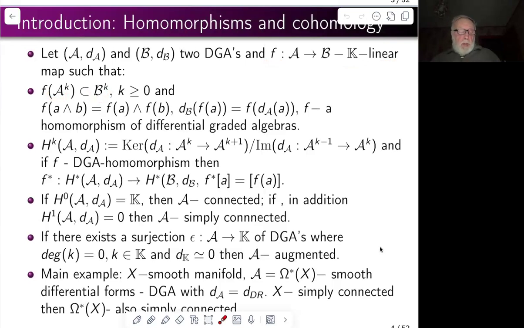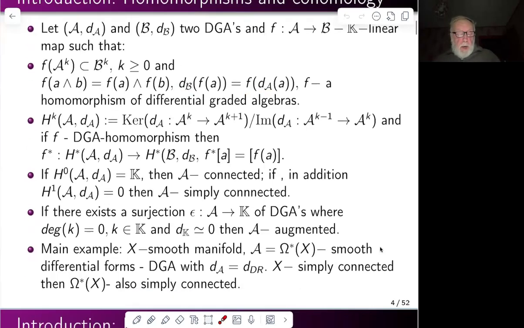And also this map preserves the wedge operation. So F of the multiplication A times B is the multiplication F of A times F of B. And also this map commutes with the differential in both algebras: d_B F equals F d_A. It commutes without any sign here.